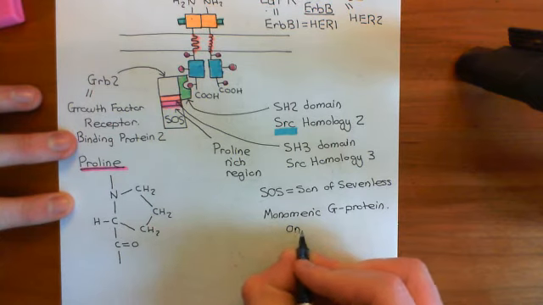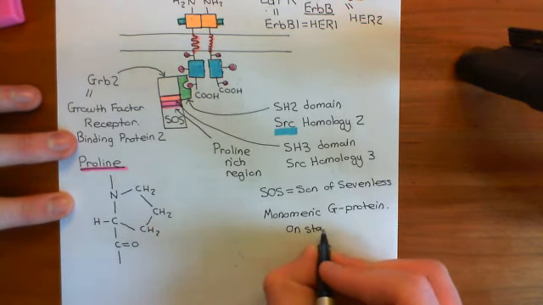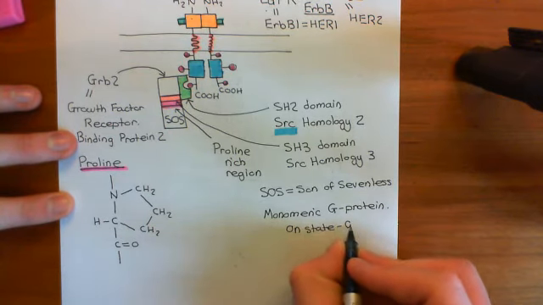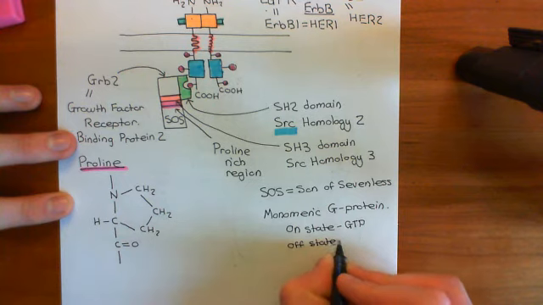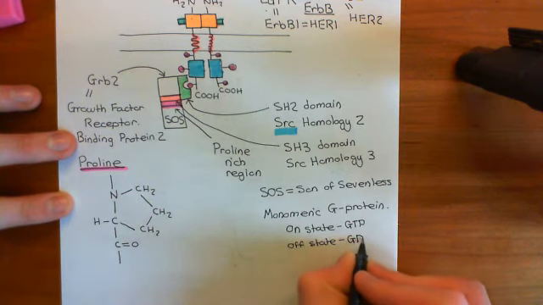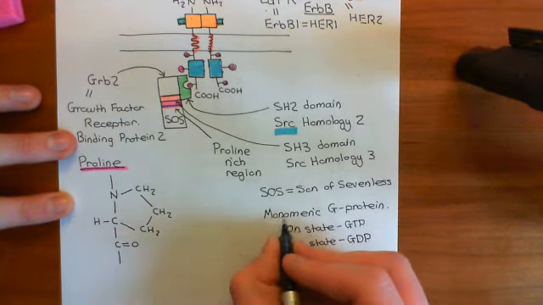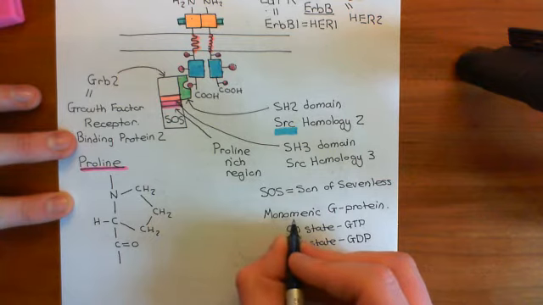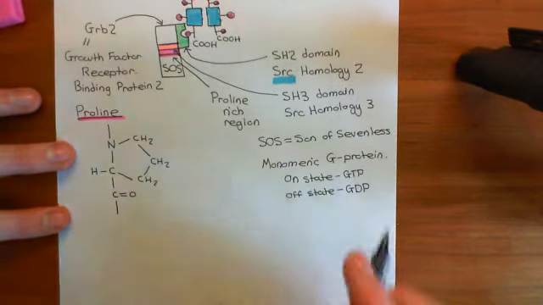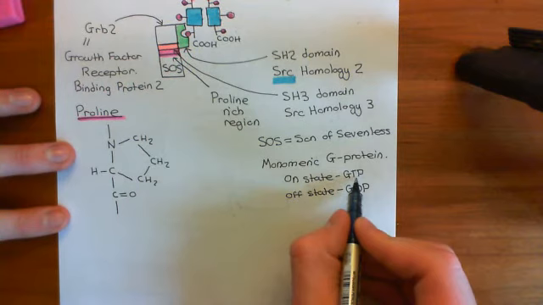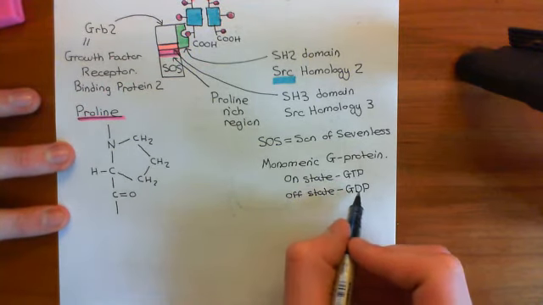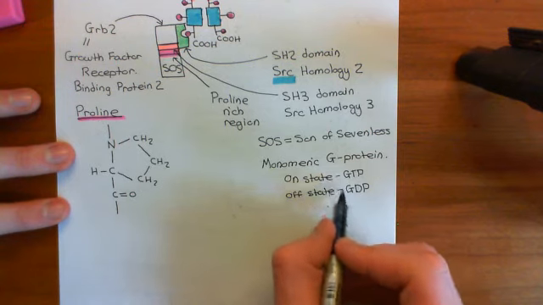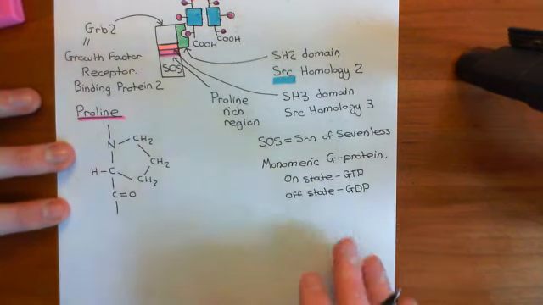They have an on state in which they have guanosine triphosphate bound to them, and they have an off state in which they have guanosine diphosphate bound to them. In monomeric G proteins, the G protein consists of just a single polypeptide. This polypeptide can either be in the on state where it has guanosine triphosphate bound to it, or in the off state where it has guanosine diphosphate bound to it. So they are effectively on-off switches.